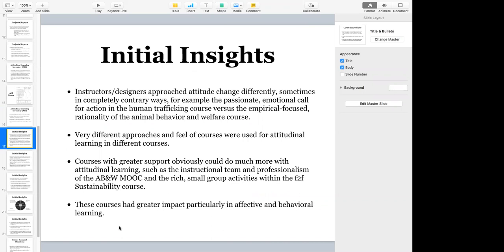Very neutral and empirical focused rationality of the animal behavior and welfare course. Very different approaches and feel of the courses were used for attitudinal learning in different courses.